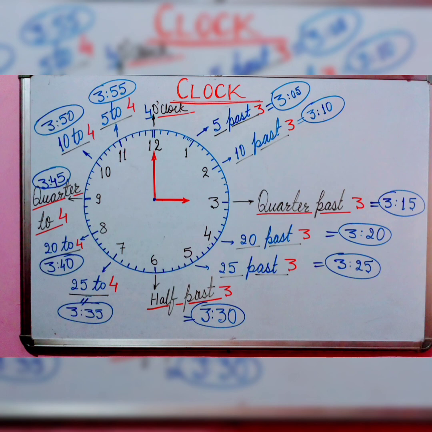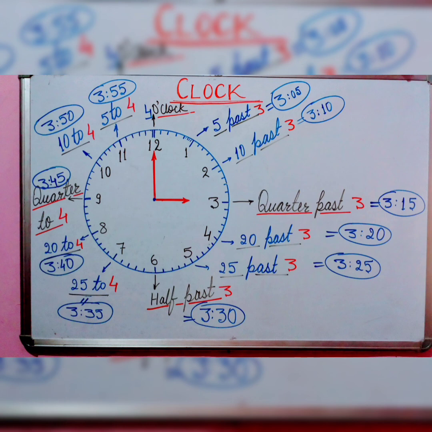If the minute hand is at 7, the time is 25 minutes to 4. It means 3:35. If the long hand is at 8, the time is 20 minutes to 4. It means 3:40. If the long hand is at 9, the time is quarter to 4. It means 3:45. If the long hand is at 10, the time is 10 minutes to 4.